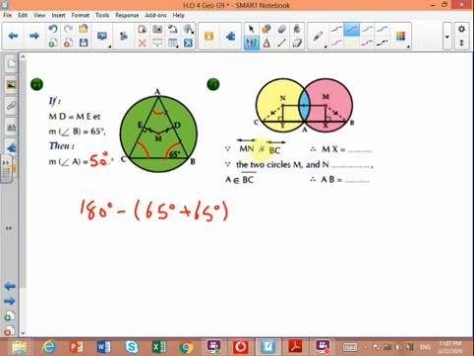Here MN is parallel to BC. MN parallel to BC, MX equals what? MX equals MY. Okay, since the two circles M and N are what? They are congruent.